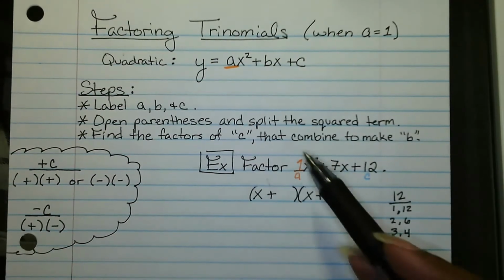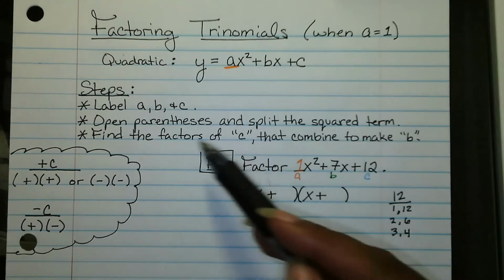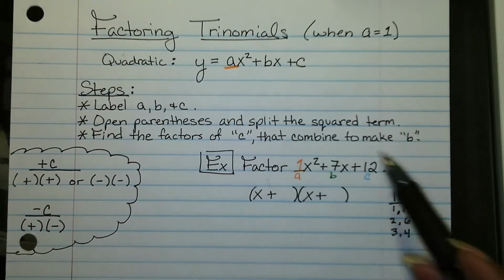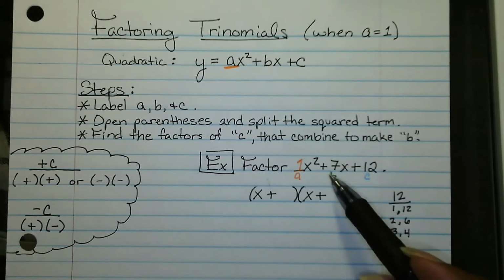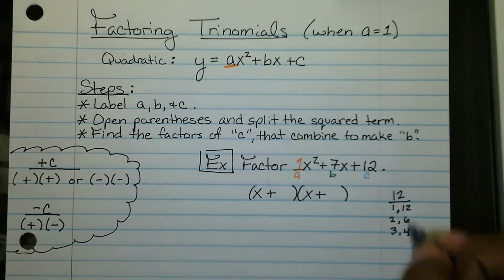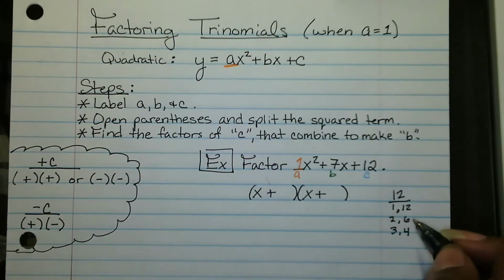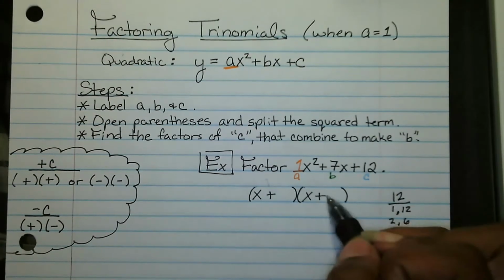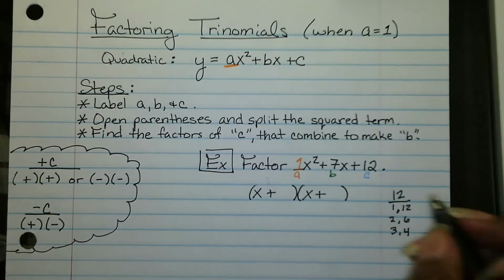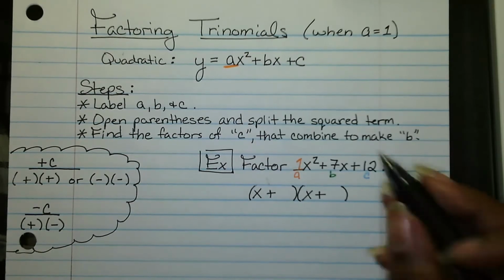But the factors need to also combine to make b, where b is 7. So all three of these sets will multiply to 12, but we need to find which one will add up, especially since both of these are positives, like plus signs. Which set will add up to 7?